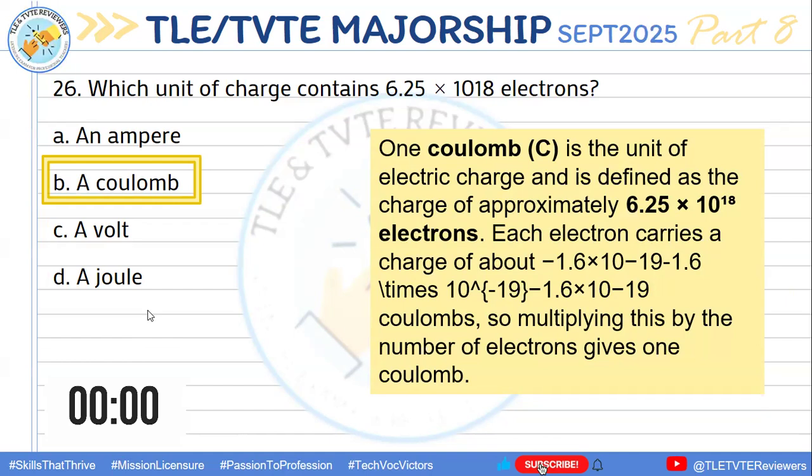For letter A, an ampere, this is incorrect because an ampere is the unit of electric current, not charge. Still incorrect is letter C, a volt, because a volt measures electric potential difference. And incorrect, letter D, a joule, because a joule measures energy. So answer letter B, a coulomb.